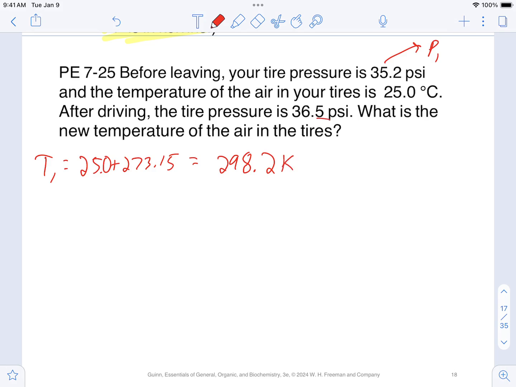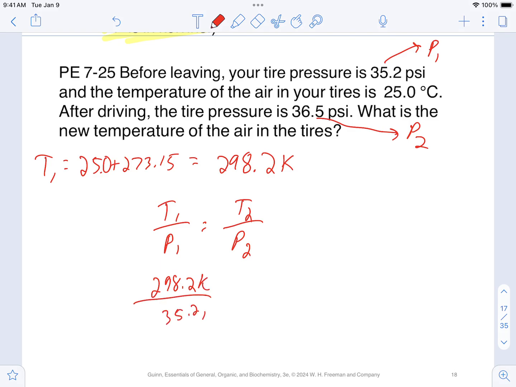After driving, the tire pressure is 36.5 psi, so that is my P2. What is the new temperature? So T1. We are looking for T2.